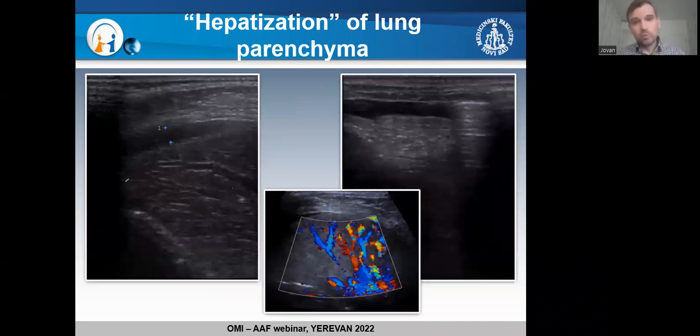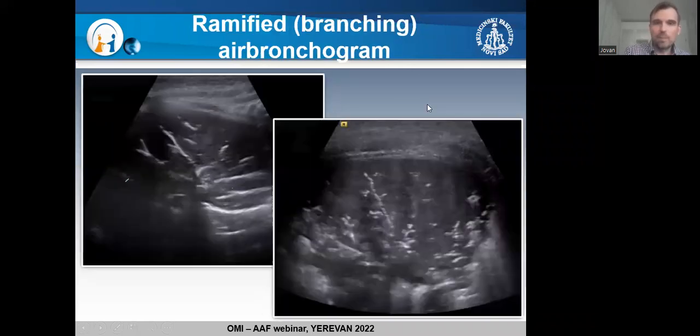And now we move on to lung consolidations and all the things we can see. Some of them we already mentioned within the lung, the consolidated lung parenchyma. First of all, sometimes we don't see anything apart from the vessels, and it's called hepatization of lung parenchyma. There's a small pleural effusion there.